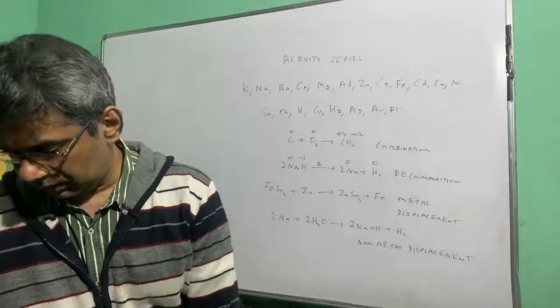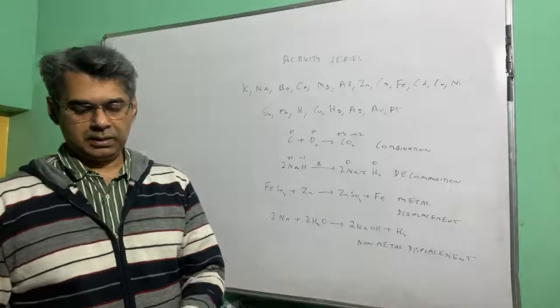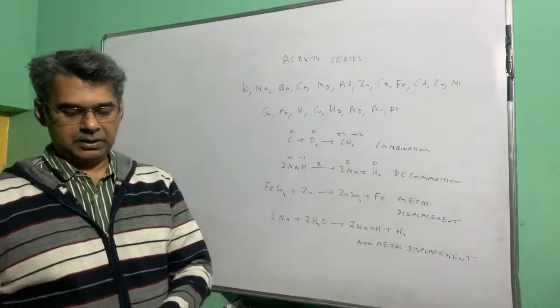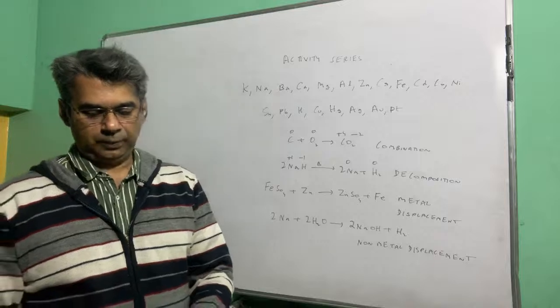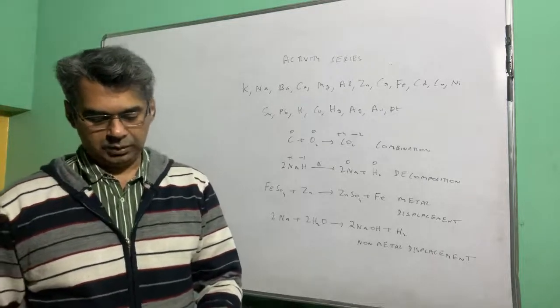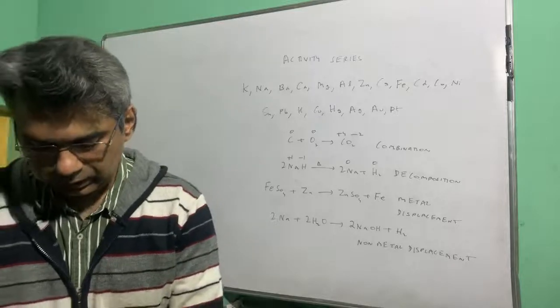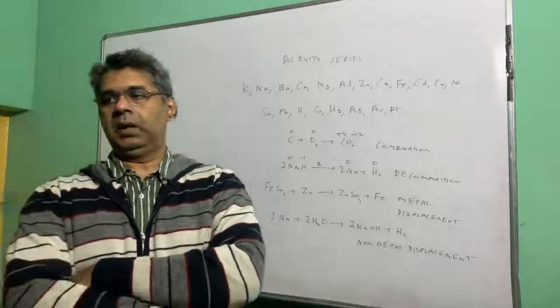If you can remember this list, I do not think you will have any problem, because this is a comprehensive list. Do you need to mug up that electrode potential chart? That is impossible.